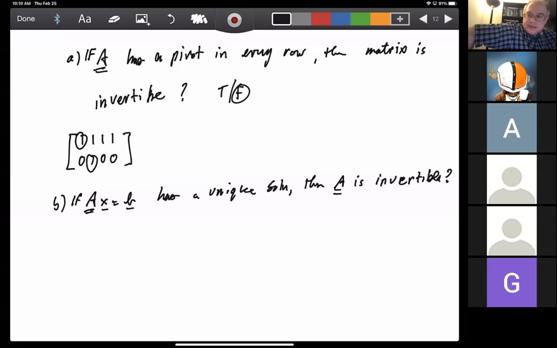So I see some trues. So this is true sort of conditionally. True if A is square.